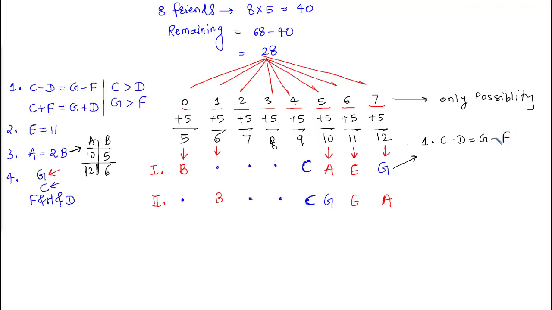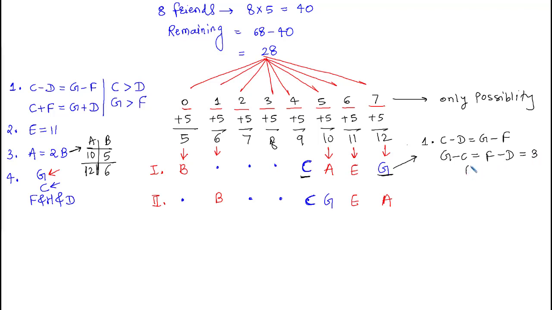Over here the values of C and G we know, so we can say that G minus C is equal to F minus D, okay. So from this we can say that G is 12, C is 9, so F minus D is going to be 12 minus 9, that is equal to 3.